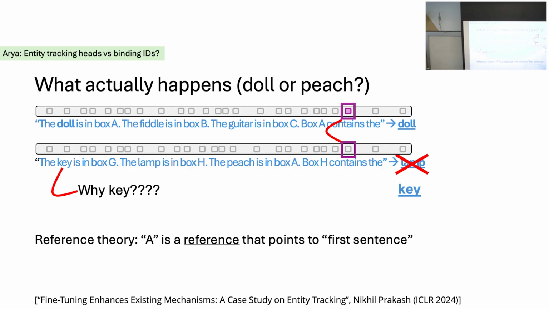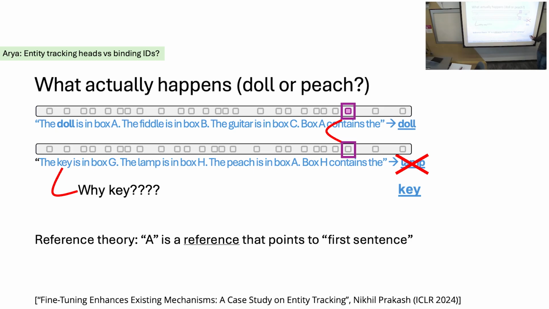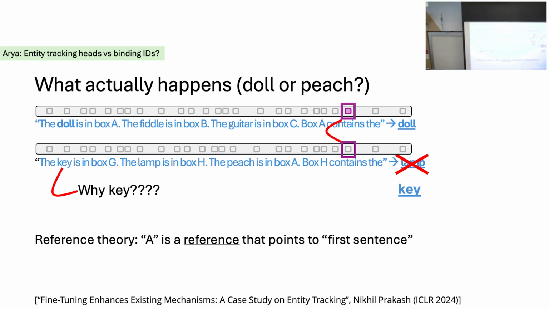This is maintaining a pointer. It's maintaining a pointer to the idea that this thing has forgotten its A-ness. If it had its A-ness, it would say peach. It doesn't yet have its dollness, right? It doesn't know that it holds a doll.